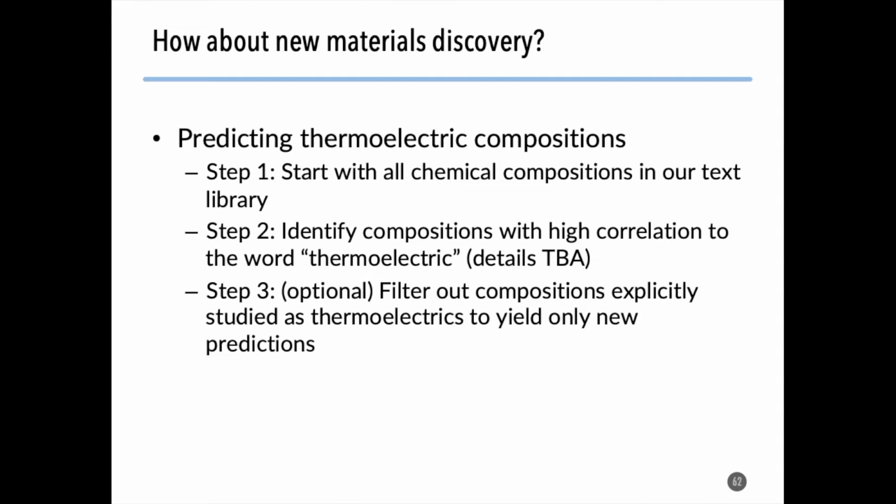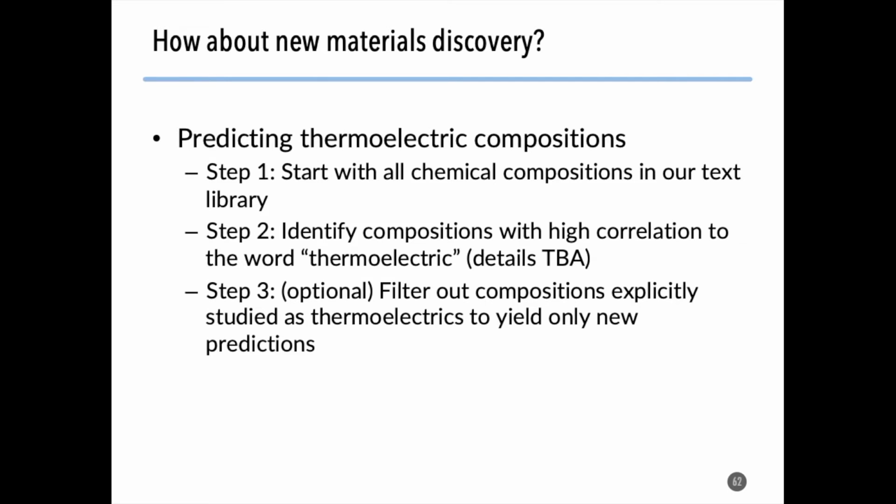There's a vector for the chemical composition and a vector for the word thermoelectric, and we see whether these vectors are pointing in the same direction or in opposite directions. For all the compositions with a high correlation to the word thermoelectric, we filter out the ones that explicitly have the word thermoelectric in them, to make sure we are only including compositions that have never been studied as thermoelectrics before.